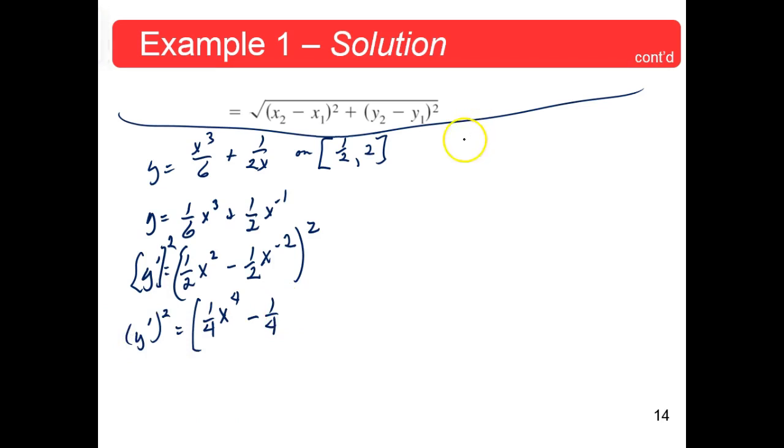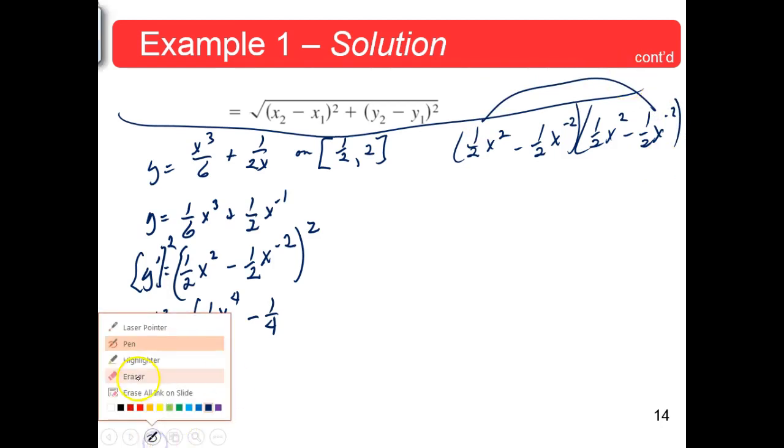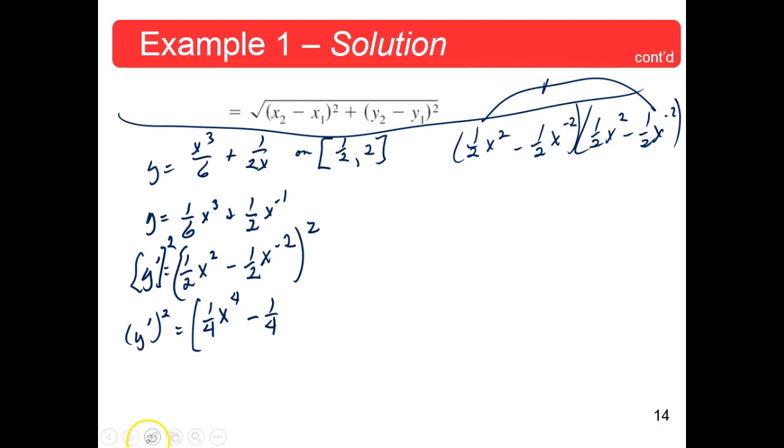You're foiling it basically, right? 1/2 x squared minus 1/2 x to the minus 2 times 1/2 x squared minus 1/2 x to the minus 2. That's what you were doing, right? You did the first, and that was 1/4 x to the 4th.